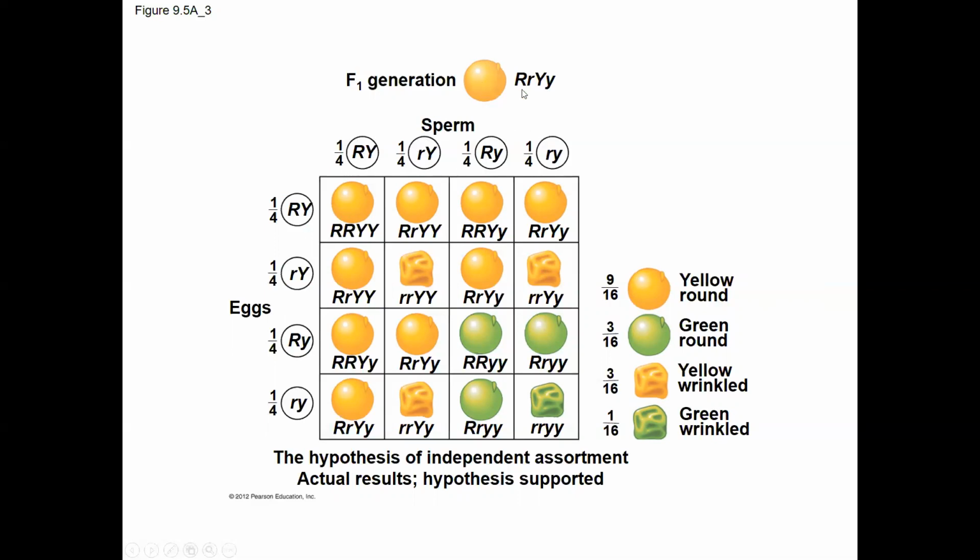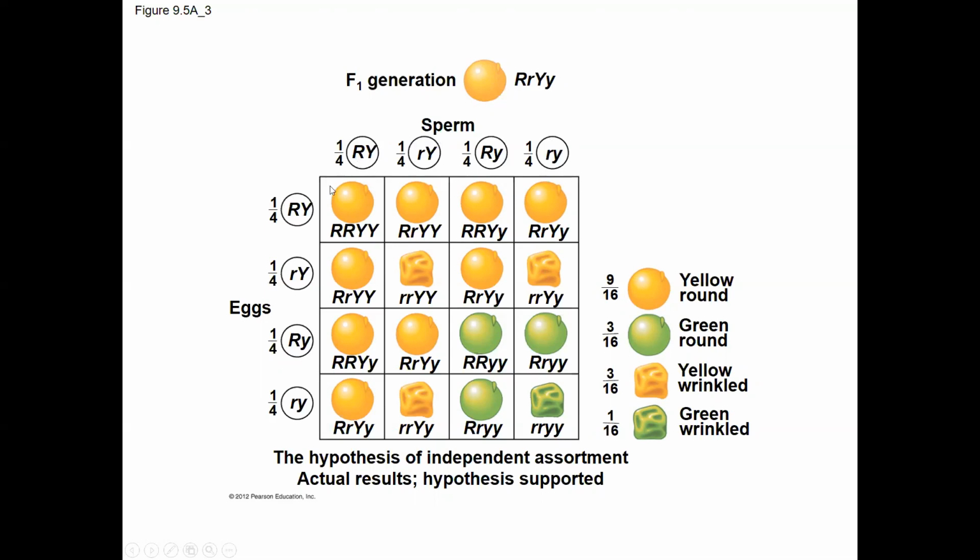This is independent assortment. Each trait is independent from each other. So the probability of the seed being round and the probability of it being yellow are independently sorted compared to the other trait. This is why you can have a variety of characteristics found in the egg and sperm.